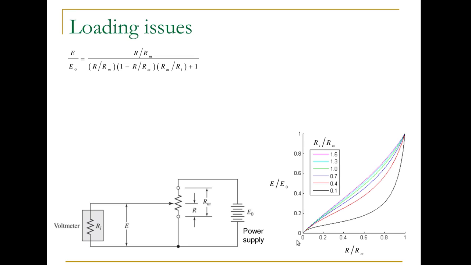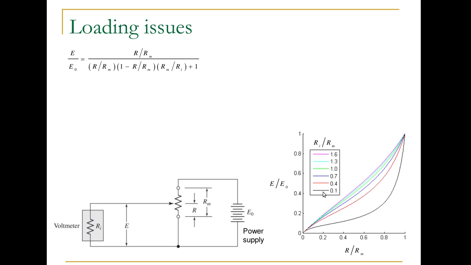And here is a plot for E over E0 as R changes. So as R over Rm goes from 0 up to 1, then you get these curves for E over E0. And you can see the curves vary depending on the ratio Ri over Rm.